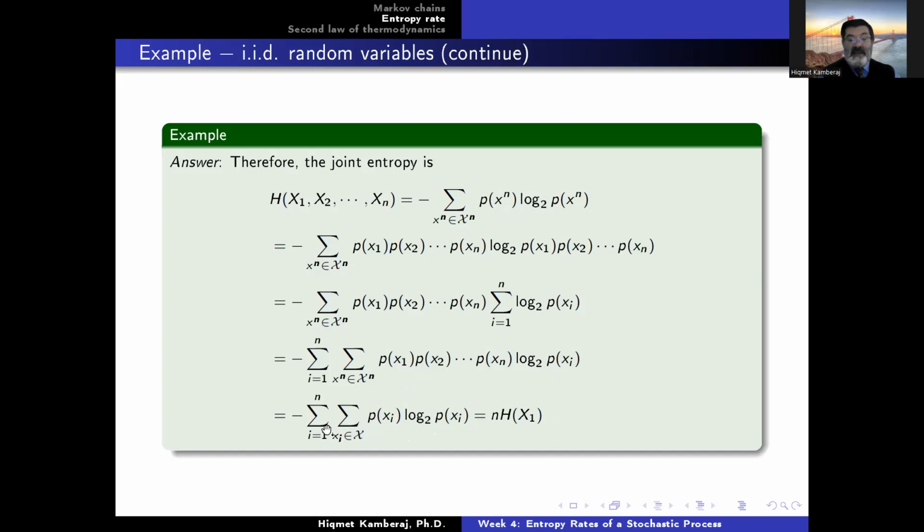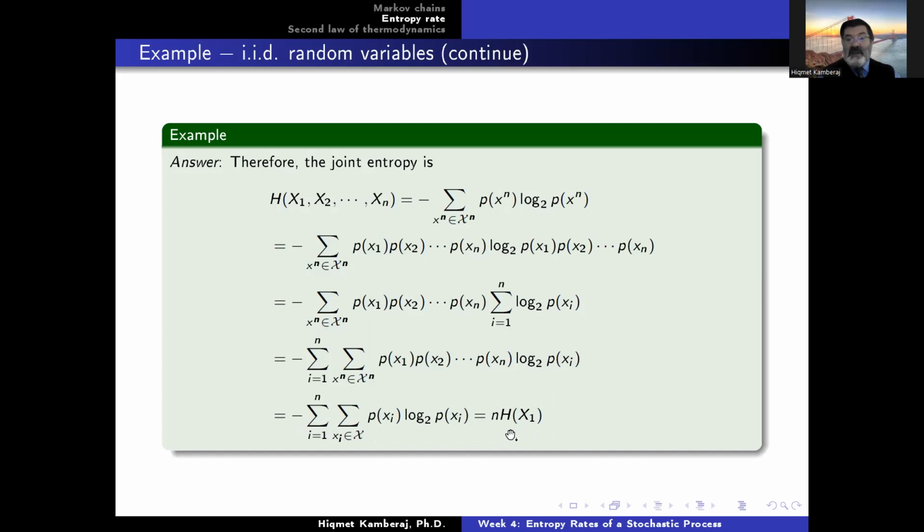Now on the last line, the minus sign in front, with the sum over all xi from chi of p of xi log with base 2 of p of xi, gives me simply the entropy of the X1 random variable, or one of these. Then I have minus the sum for i from 1 to n of H of Xi.